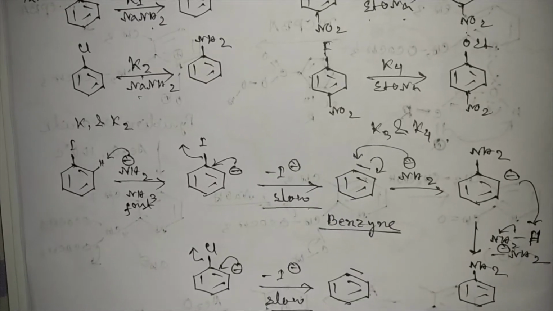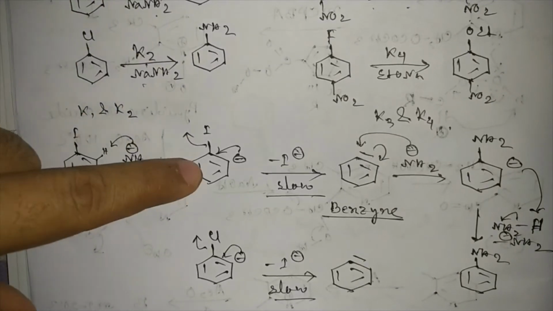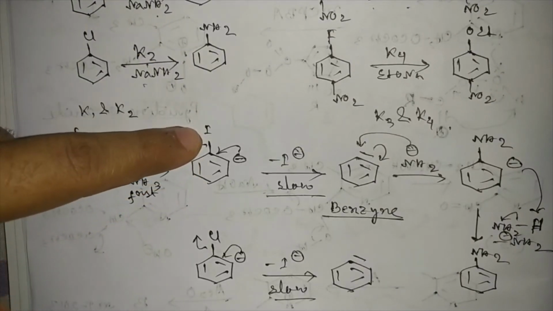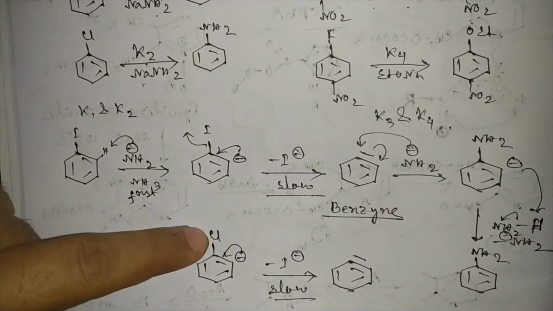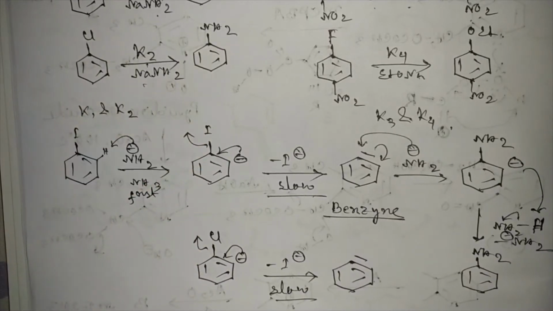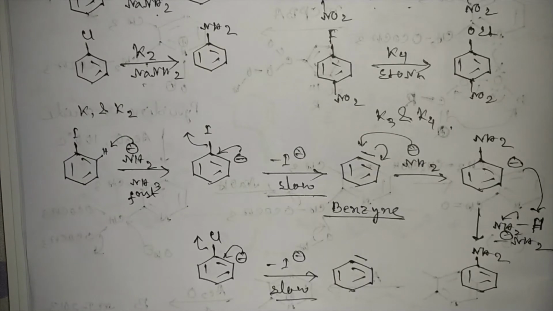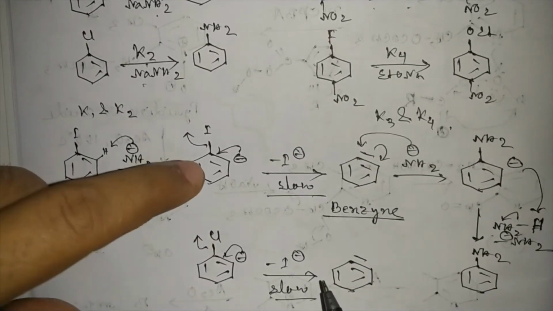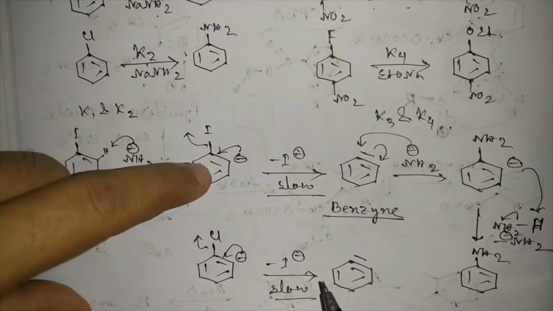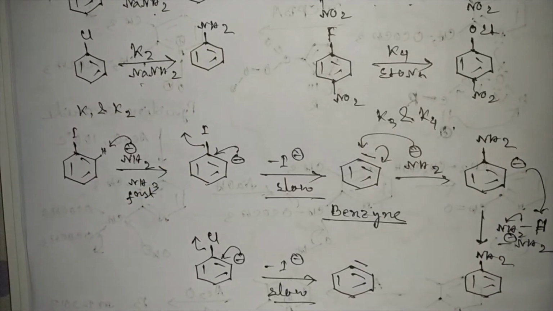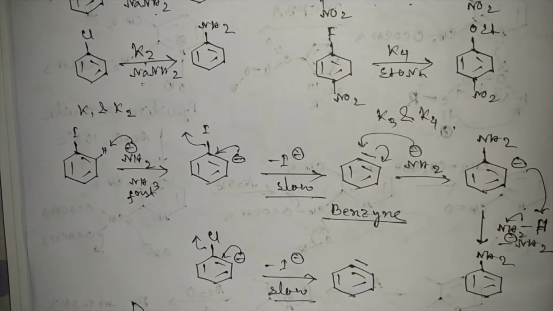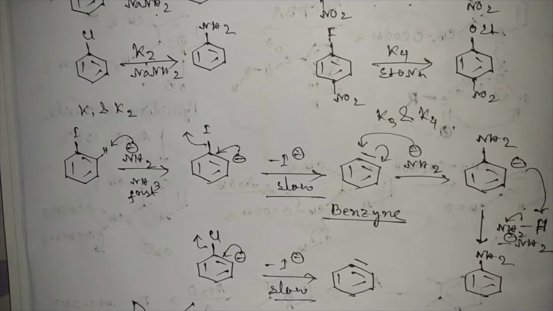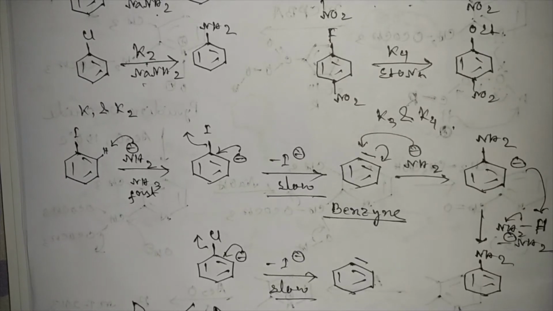Between these two slow steps, as we know, the C-I bond energy is less than the C-Cl bond energy, because iodine has a much larger size than chlorine. So the bond dissociation energy of C-I is less than that of C-Cl.